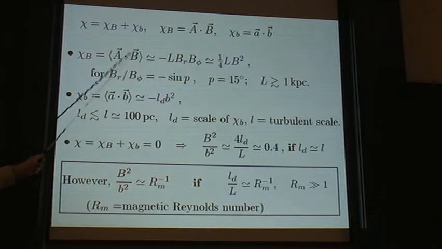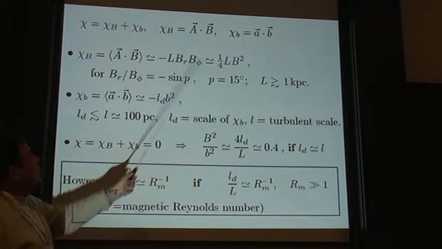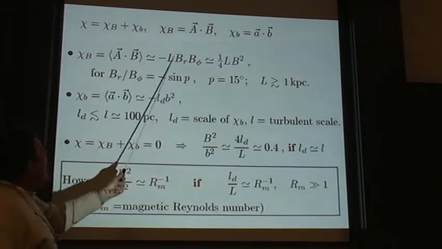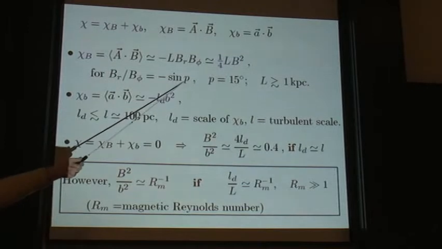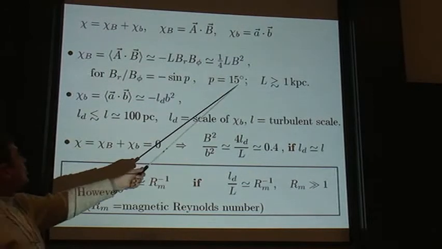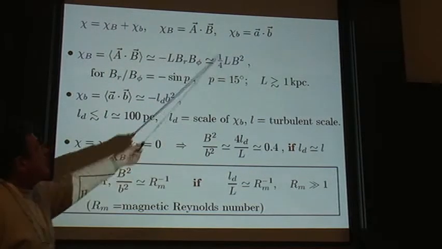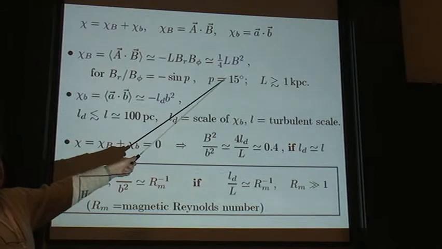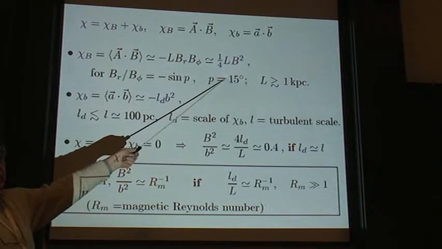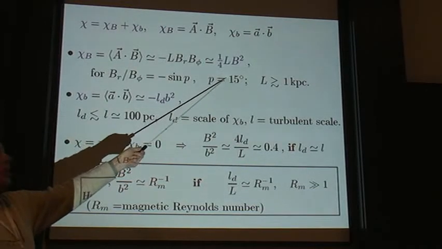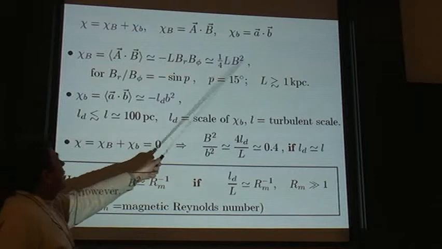It will be of the order of L B_r B_phi. B_r over B_phi is of the order of the pitch angle, 15 degrees, so it's 1/4. 1/4 is the tangent of 15 degrees: 15 degrees divided by 57 degrees, about 1/4. So it's 1/4 times L times B squared.